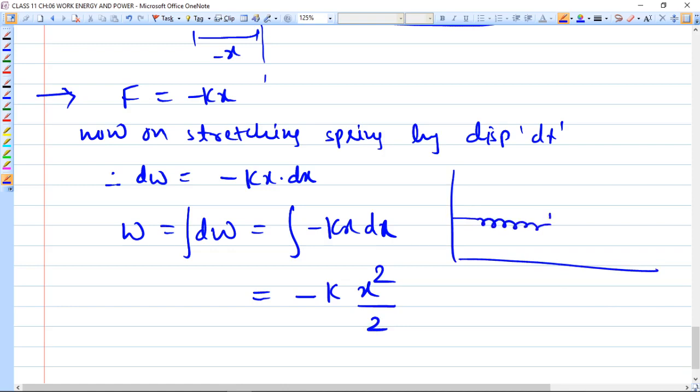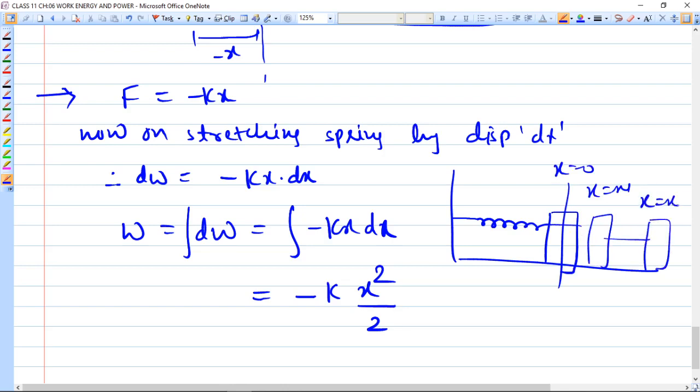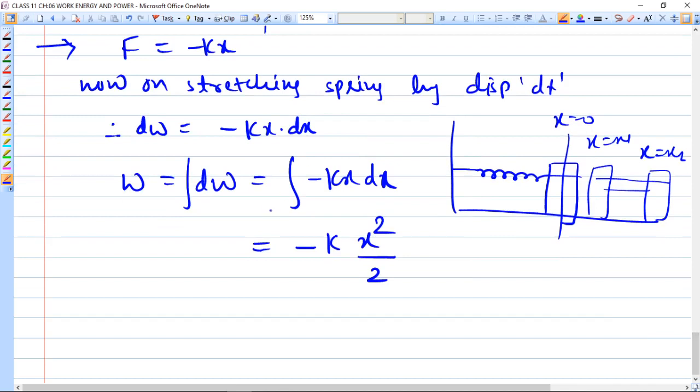Suppose this is the original position, x equals 0, and you have stretched it from x equals x1 to x equals x2. Because we want to prove that it is a conservative force, let me put the limits x1 to x2. Initial is x1, final is x2.